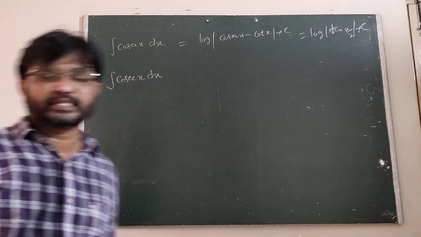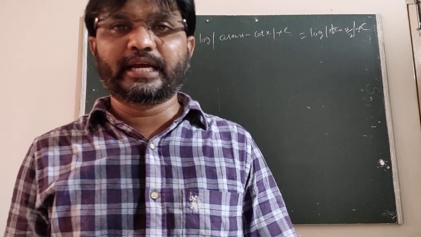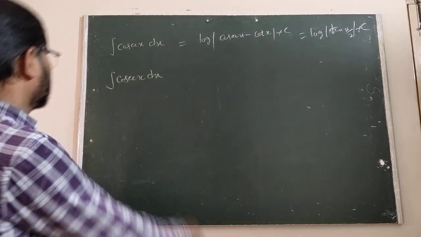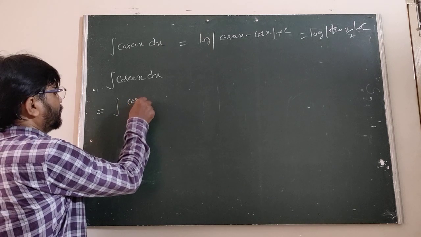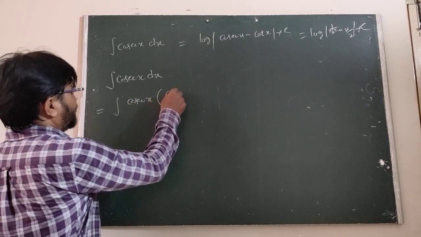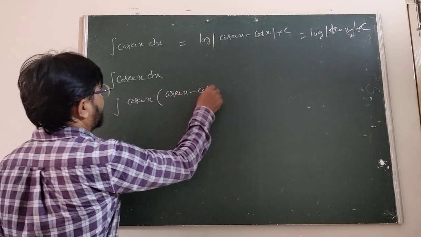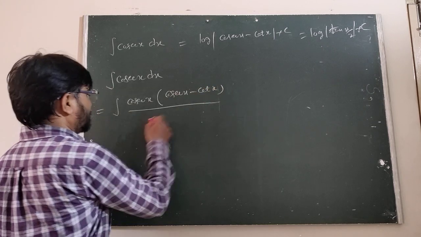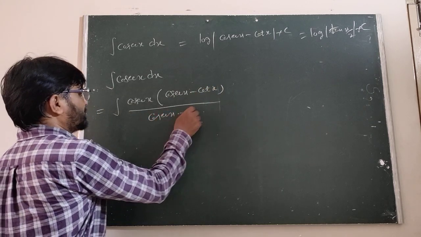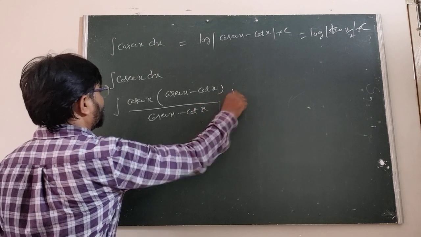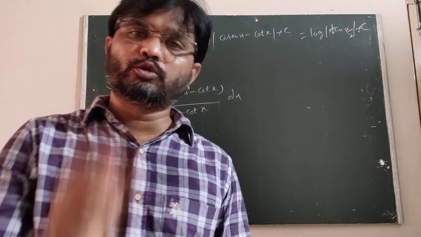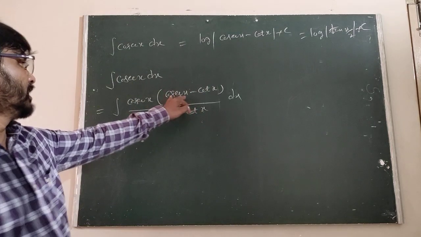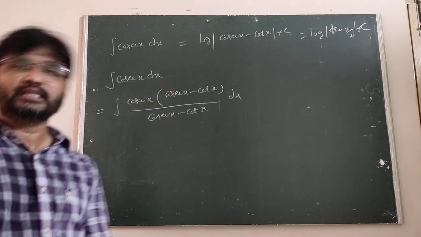Integral cosecant x dx. Similarly, the last one we have to multiply with cosecant x here. Cosecant x minus cot x divided by cosecant x minus cot x into dx. Is it clear? In the first step, we take cosecant x minus cot x divided by cosecant x minus cot x.